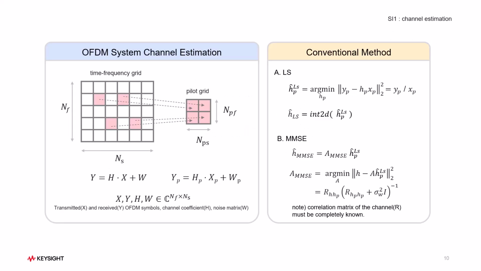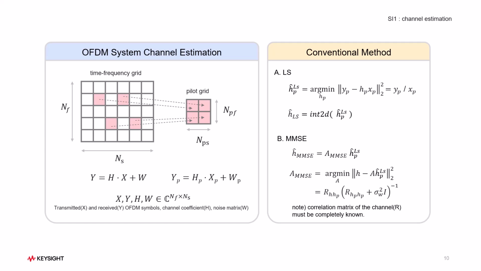In OFDM, pilot symbols are inserted into specific subcarriers. At the receiver, these pilot symbols are extracted from the received signal. Channel estimation is performed based on the relationship between the received and transmitted pilot symbols. Least squares estimates the channel by dividing received pilot symbols by transmitted pilot symbols.